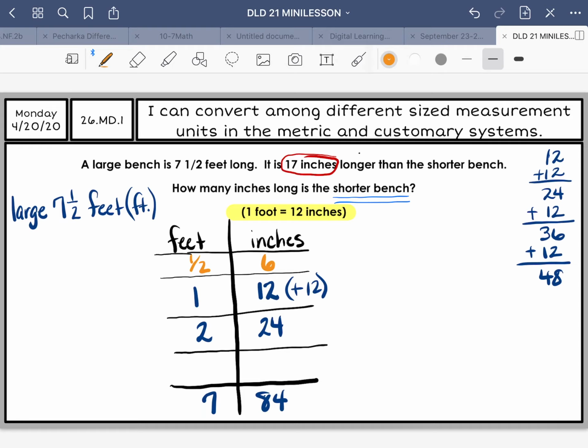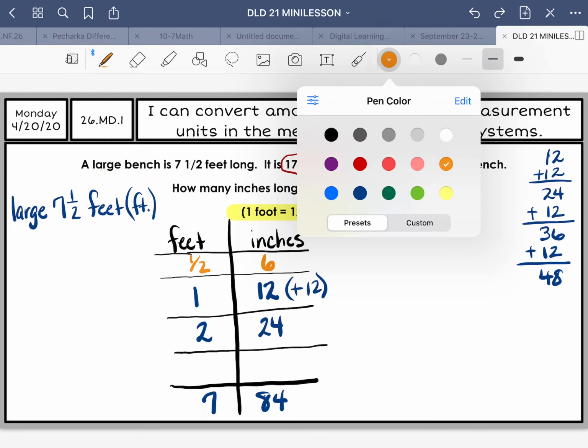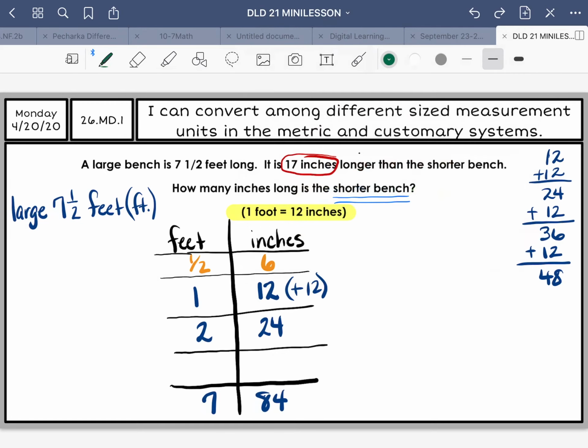So the reason I did it this way is because I have feet and I have inches. And whenever we are solving a problem, I'm going to have the same measurement. Okay? So in this case, my 7.5 feet is equal to how many inches? Let's go with green.